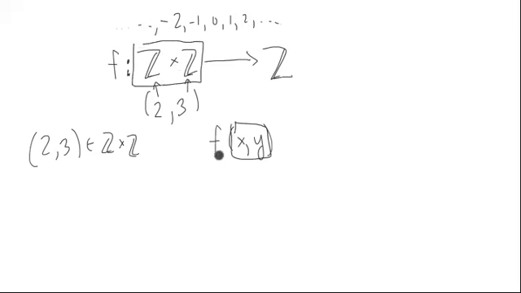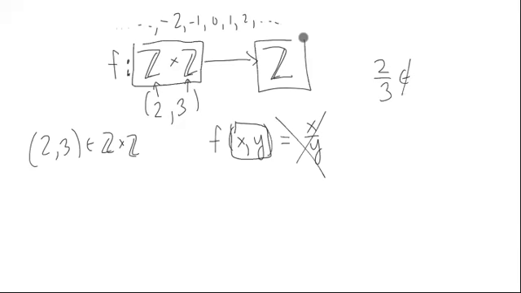So if we have f of (x, y), and let's suppose that we define this as x divided by y, this function is not well defined, does not work. There's a few different reasons why it doesn't work. Reason number one is if you try to plug in (2, 3) into it, you get 2/3. 2/3 is not an element of our proposed data type for output values.